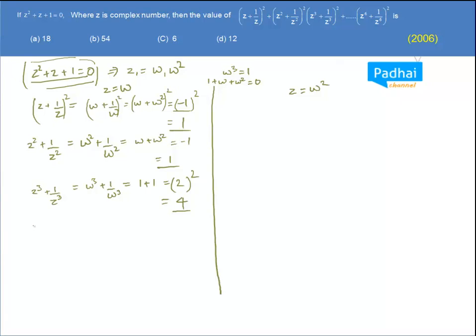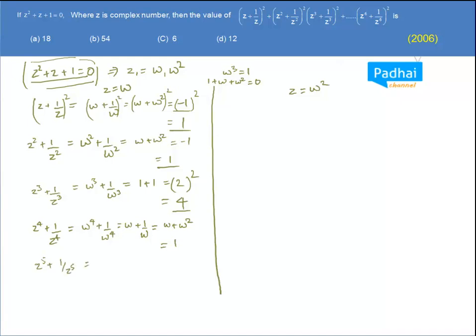Now coming next to z⁴ + 1/z⁴, this will be omega⁴ + 1/omega⁴. We know that omega⁴ is nothing but omega only, and this could be written as omega + omega square, which will again come out to be minus 1, and if I square that, it will be 1. Similarly, you can solve for z⁵ + 1/z⁵.